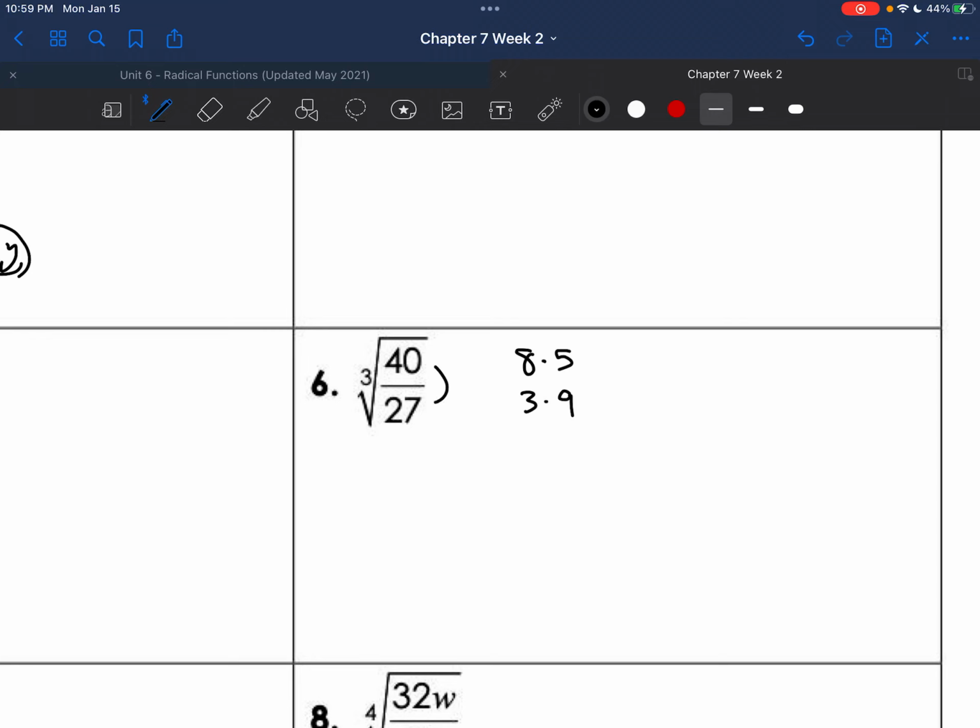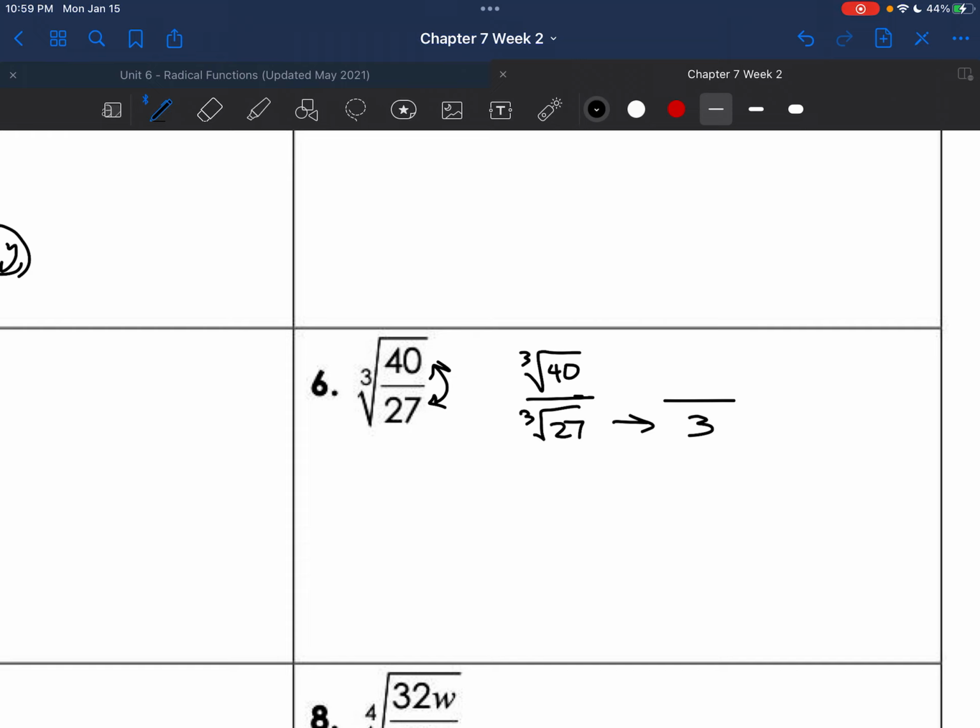These don't have anything in common, so as is, inside, I can't simplify it any further than 40 over 27. So for this case, if I do the cube root of 40 and I do the cube root of 27, I know right away the cube root of 27 is 3. That was one of our cube roots that we memorized.